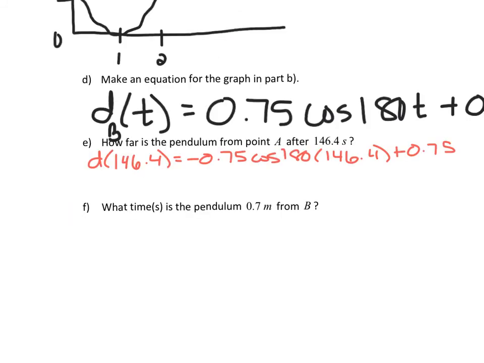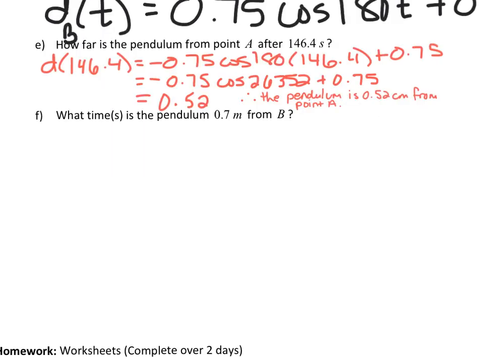And this is where those coterminal angles come in. This is why we can have a really large number that we're going to take the cosine of, and we still get the same ratio as we did before, and that's because of coterminal angles. So after 146.4 seconds, the pendulum is 0.52 meters away from point A.